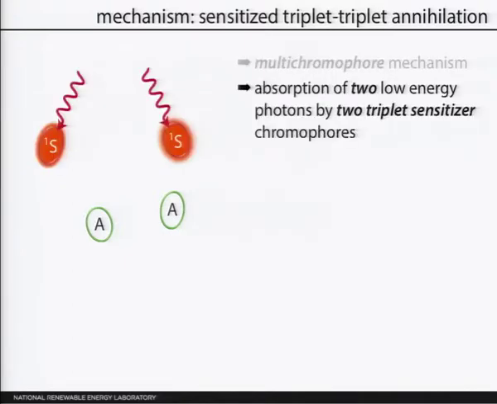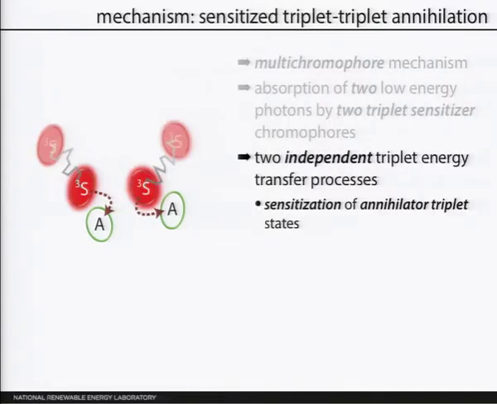In this mechanism, we have the absorption, independently, of two low-energy photons by two different triplet sensitizers. Those sensitizers rapidly and efficiently convert into the triplet state. That triplet state can then be transferred in energy to an acceptor molecule, and this is the sensitization part of the process.